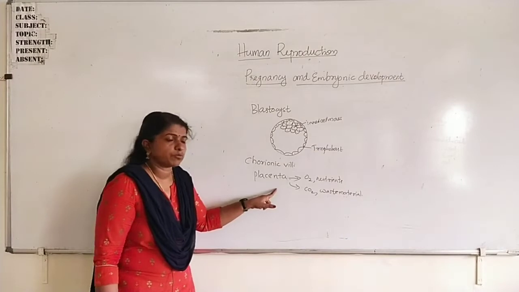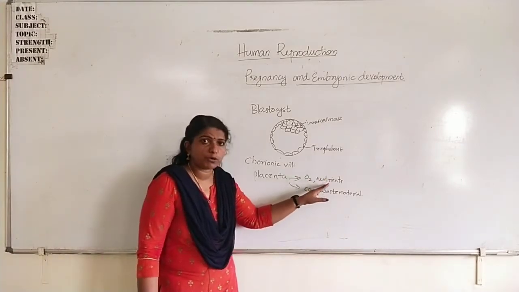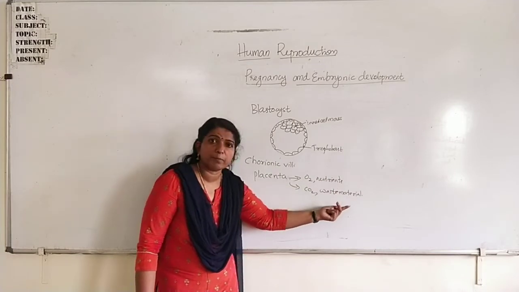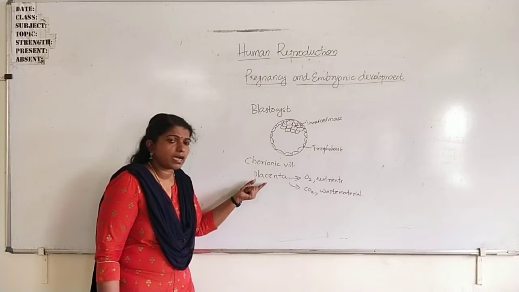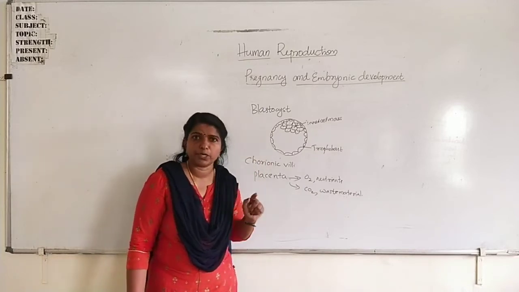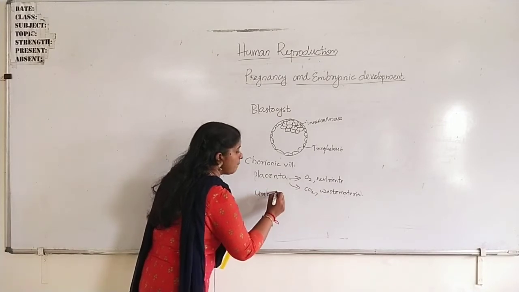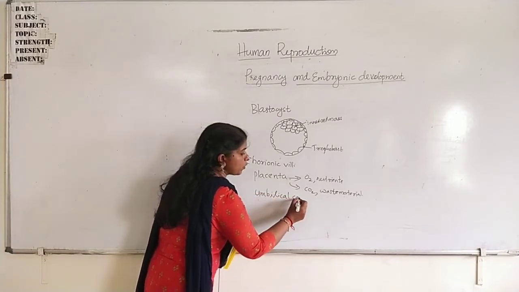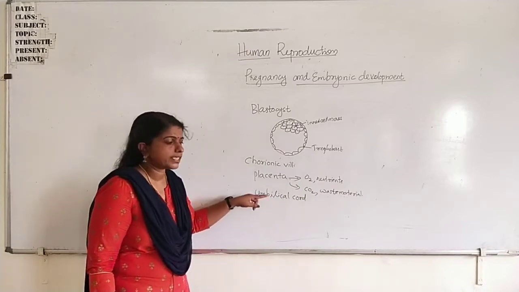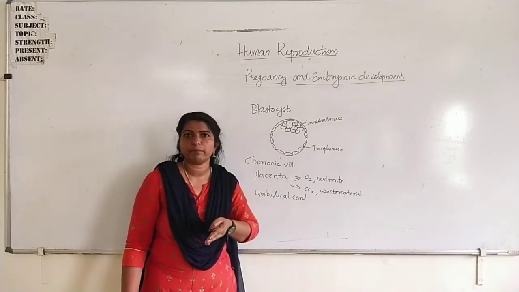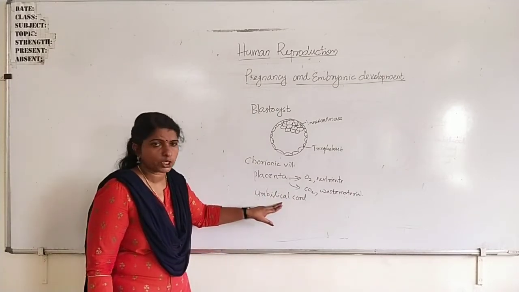So it helps in the exchange of gases, provides the nutrients and helps to remove the waste materials. And the placenta is connected to the embryo through a cord that is known as the umbilical cord. It acts as a passage through which the materials move into the embryo and back from the embryo.